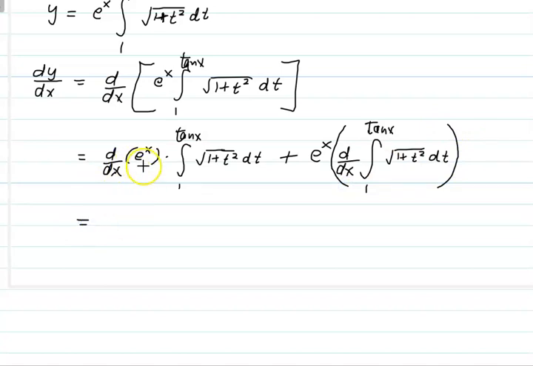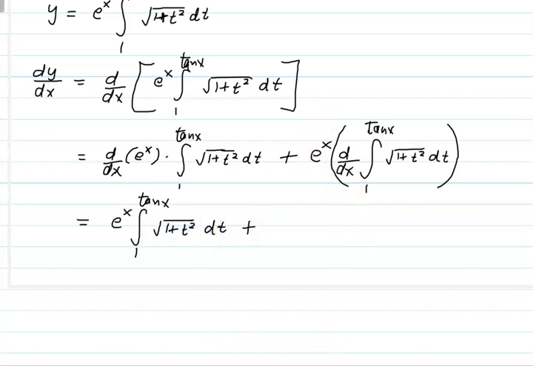What's the derivative of e to the x? The derivative of e to the x always remains the same, so it's e to the x times the integral from 1 to 10x of 1 plus t squared dt.